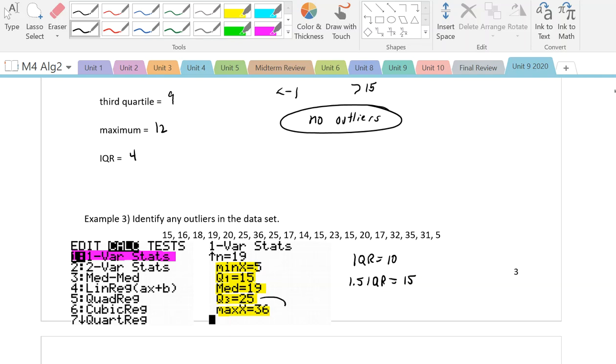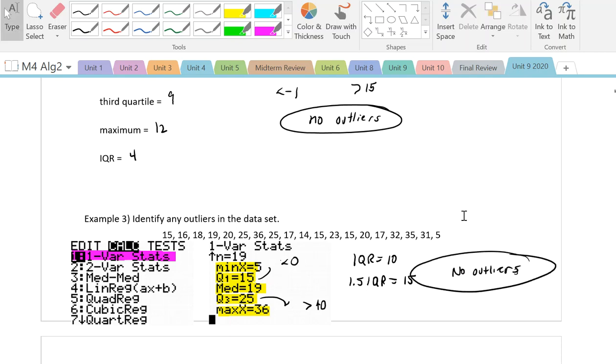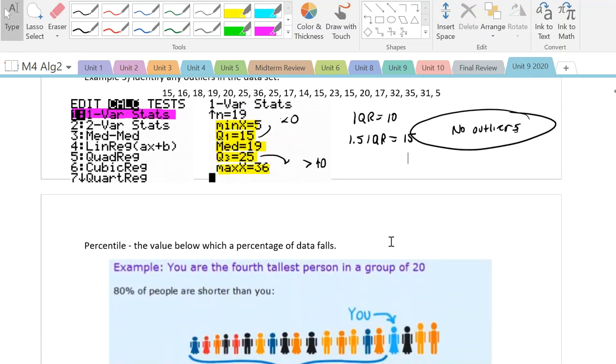So anything more than 25 plus 15, which is 40, or smaller than 15 minus 15, which is 0, would be an outlier. So this one actually has no outliers. I know, you all thought 5 was going to be an outlier, didn't you? But it actually isn't.